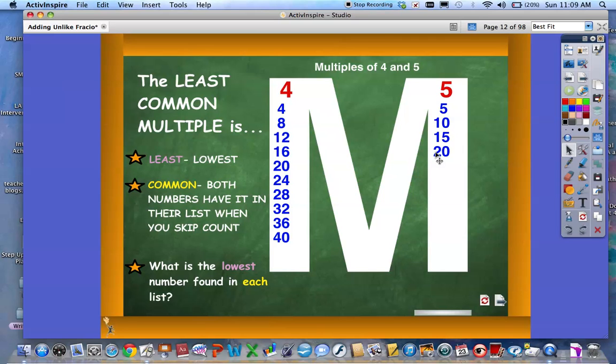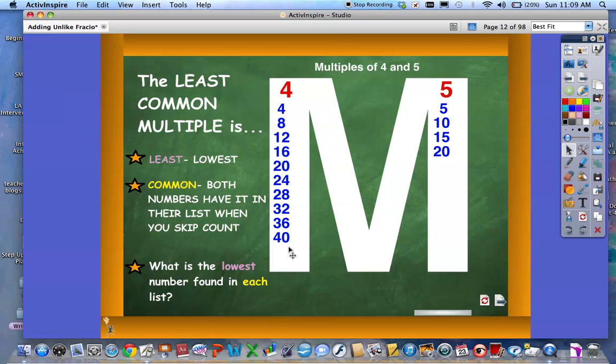And then 20. And when we look down the list, we would stop because we notice that 20 is exactly the same. Remember, we're looking for the least or the lowest number that they share in common. Both multiples lists have it. And multiples, again, we know are the MAP, the answers or the products when we multiply.